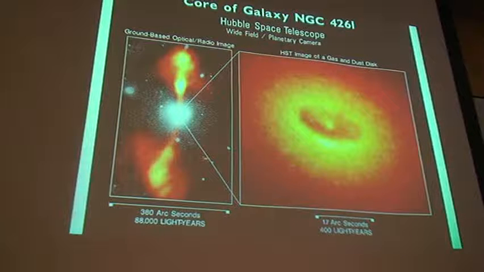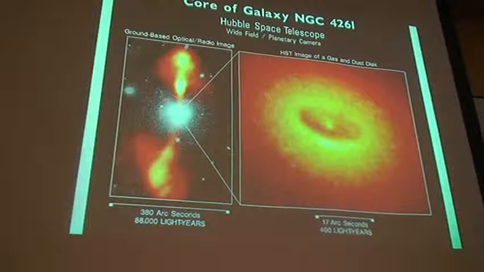Here is a giant elliptical galaxy, and this is the zoom on the very center. This one is from the Hubble Space Telescope, I think. You can see the central object, presumably a black hole of 100 million solar masses. This is the accretion disk. And then look at these jets, which start here and extend over absolutely mind-boggling distances.